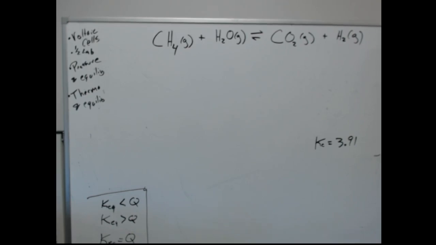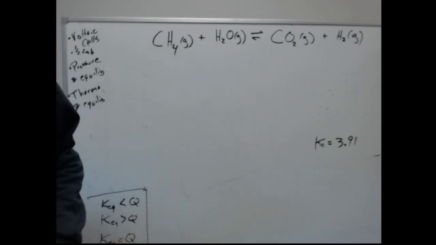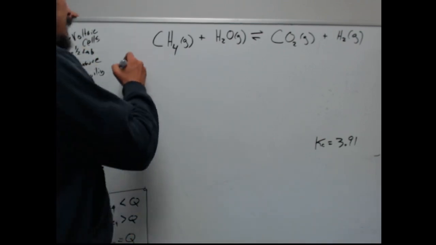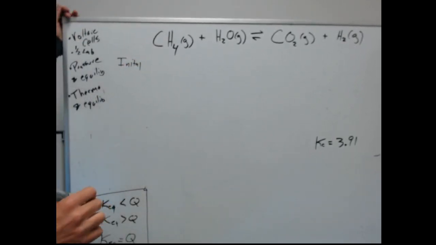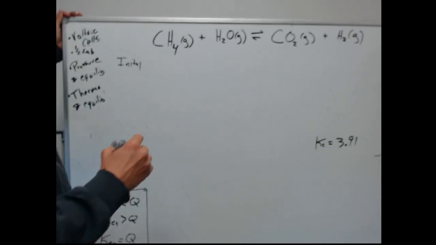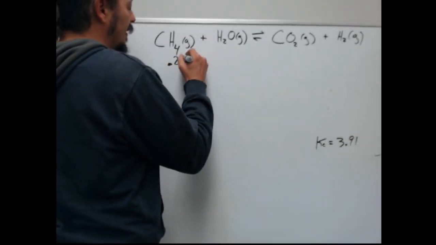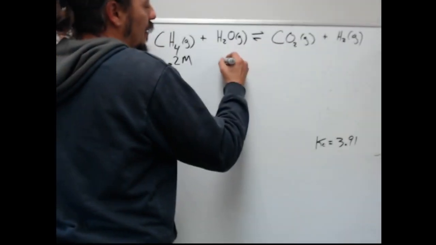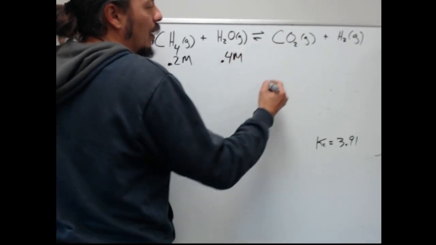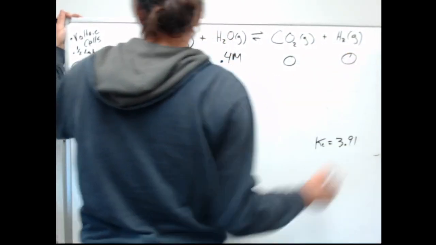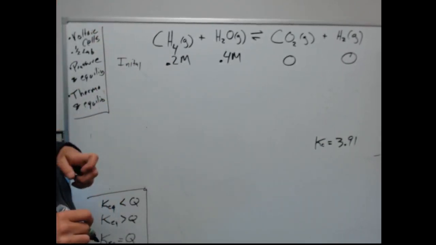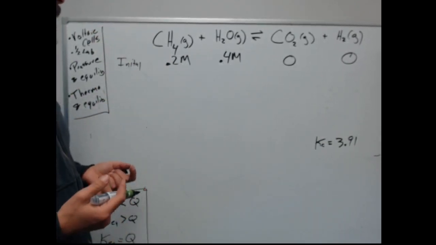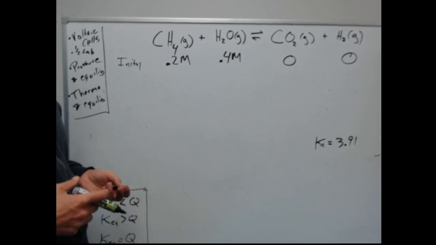They're these equilibrium problems. So the problem I have set up says, let's say we've got some initial conditions where we've got 0.2 molarity CH4, we've got 0.4 molarity H2O, and we've got 0 molarity of the products.